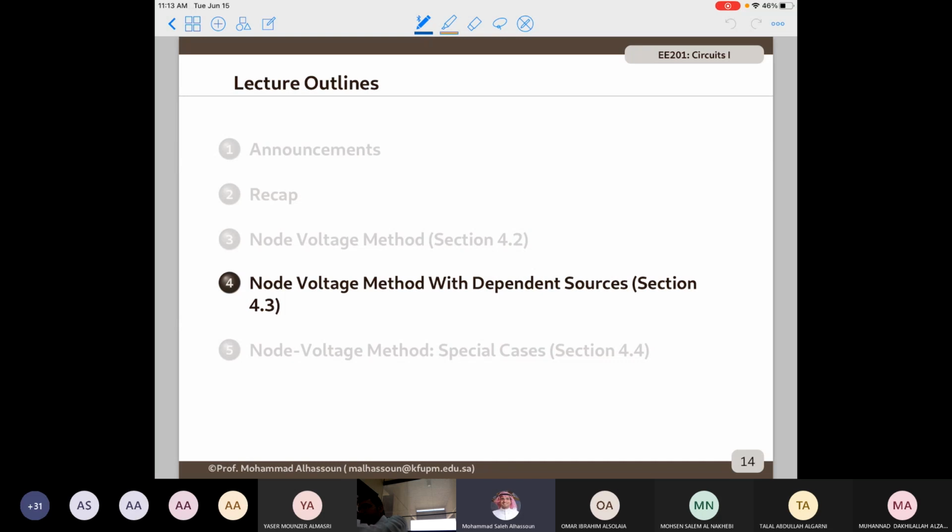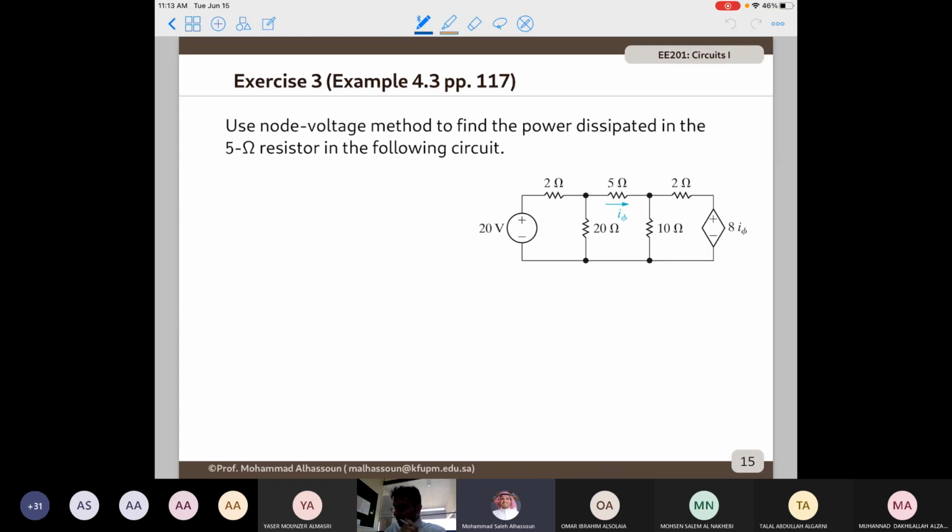This extra equation is known as the constraint equation. So let's apply node voltage method here to find the power dissipated in the 5 ohm resistor, which is this one.